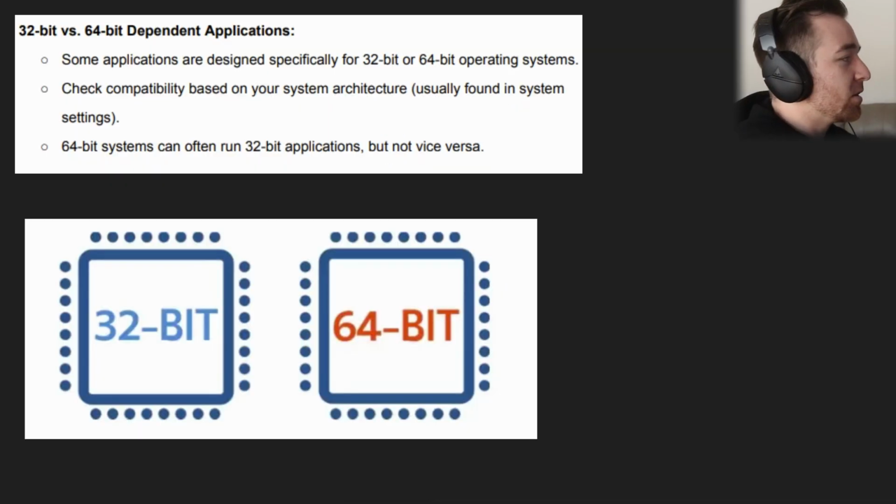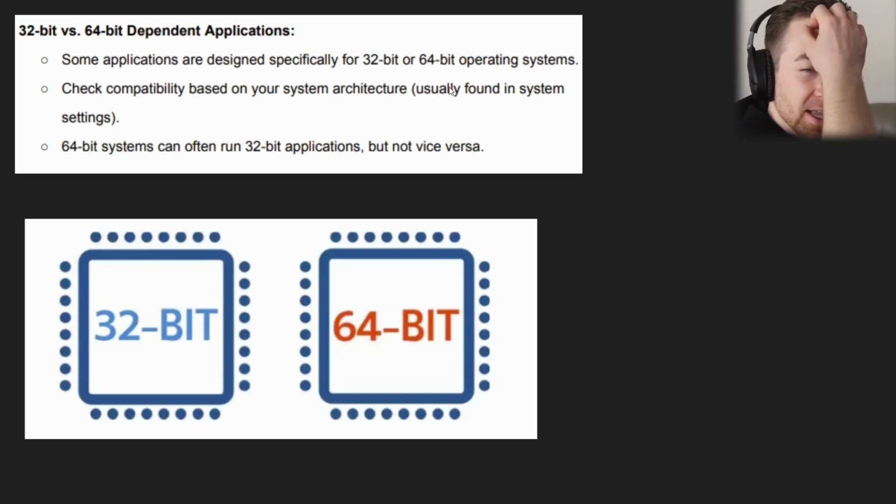The first thing we need to know about is 32-bit versus 64-bit dependent applications. Applications generally are designed to run on specific different operating systems, whether that be 32-bit or 64-bit. Remember, 32-bit is x86, but 64-bit is x64 when it's represented.